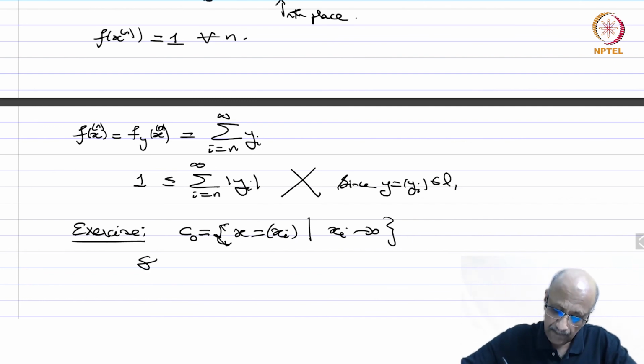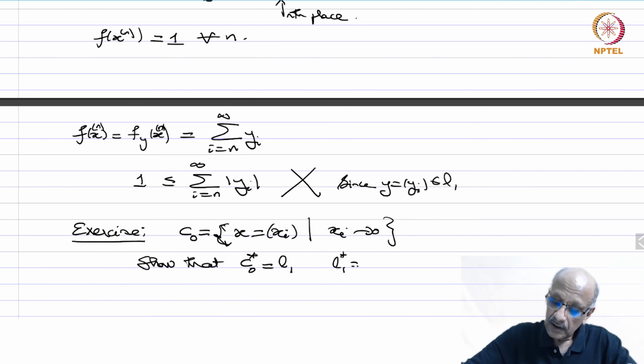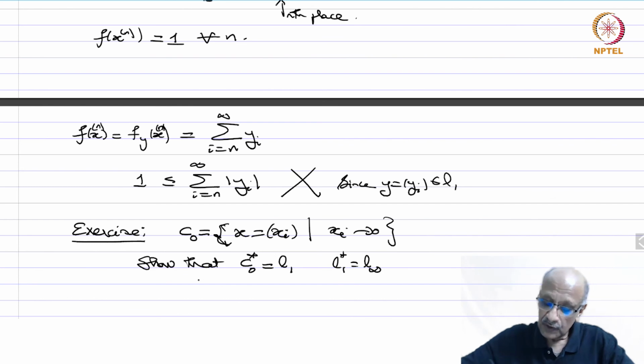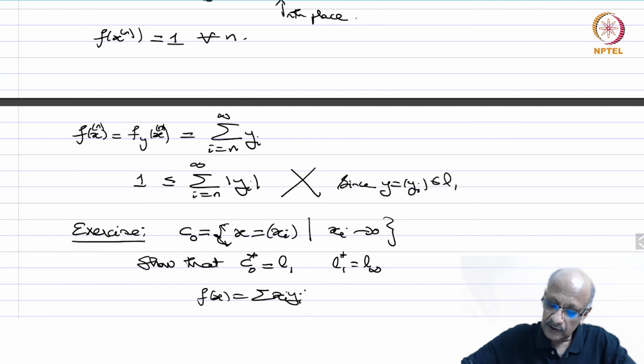Show that c0 star equals L1 and L1 star is L infinity, using the same notation, namely f of x is equal to sigma x_i y_i. This is how all these duals are identified.